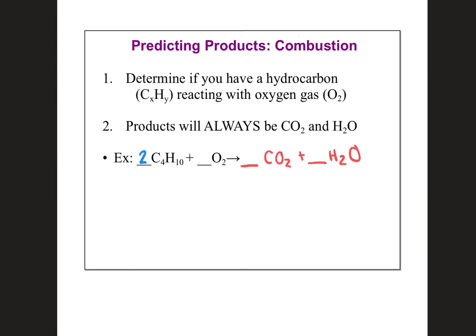That means I have 8 carbons, which requires me to put an 8 here. That means on the left side here, I have 20 hydrogens, so I need to put a 10 here. If we add up the oxygens, I have 16 O's plus 10, that's 26, so we're going to need to put a big old 13 in front of that oxygen. That was a tough one to balance, but easy to predict, CO2 and H2O.